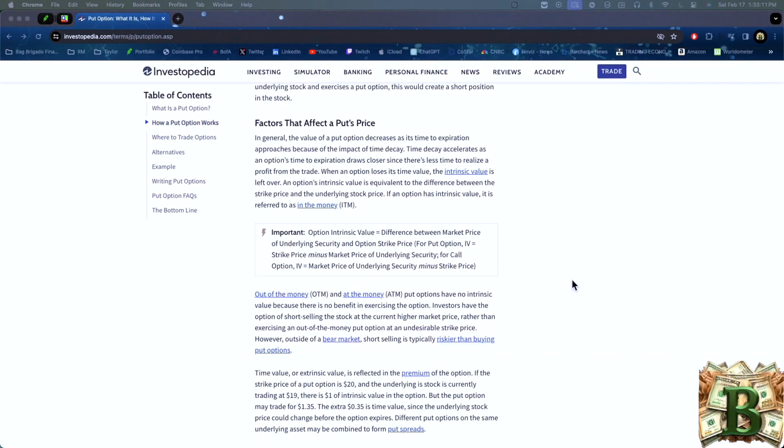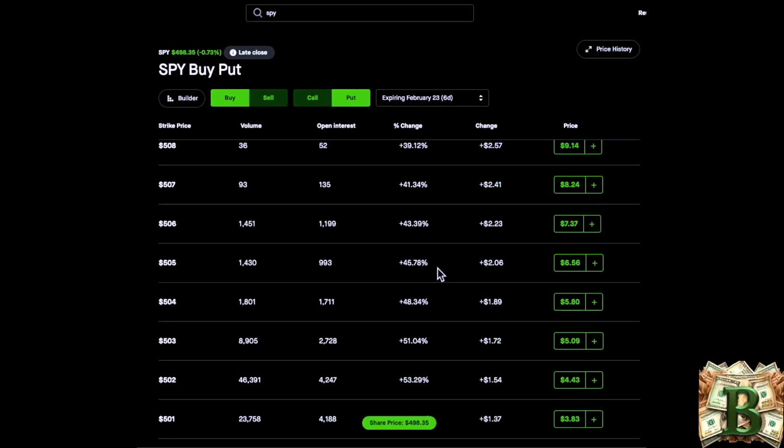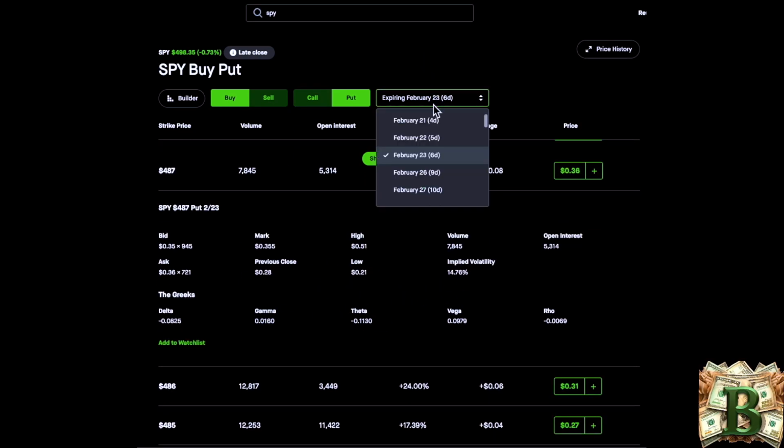So that's kind of the gist of it. I hope that makes sense. It can be a little confusing, but it really isn't. And again, if you're day trading puts or whatever, you don't really need to worry so much about the extrinsic value because you're going to be in and out of the trade pretty quickly.